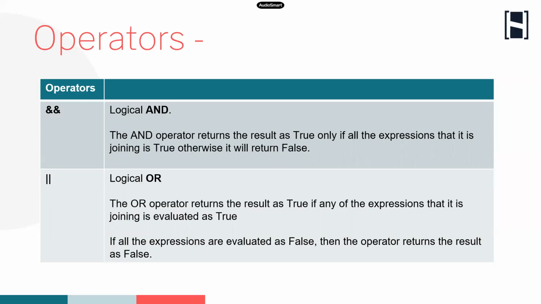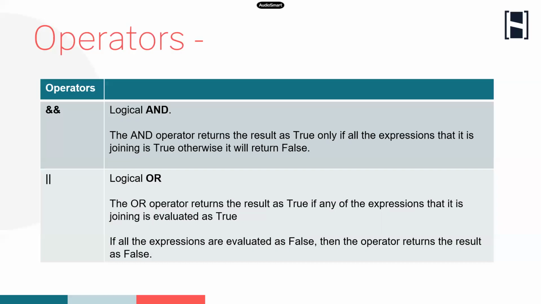Please understand that all the conditions you are joining together must be true. If so, the final result is given as true. Otherwise, it is going to say false. That is how our logical AND operator works.